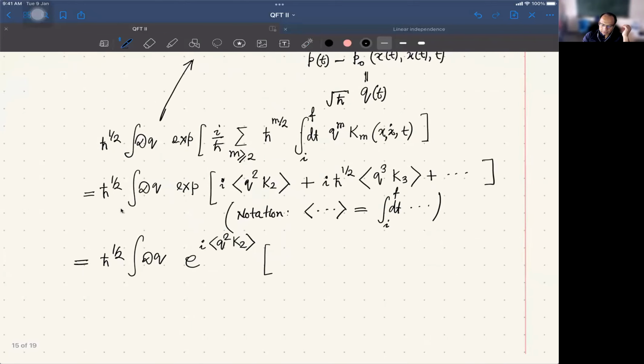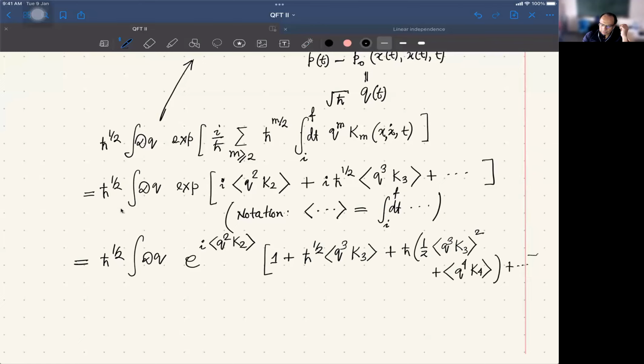The result will be 1 plus ħ^(1/2) q³ k3, then ħ (1/2) q⁶ k3² plus q⁴ k4, and so on.